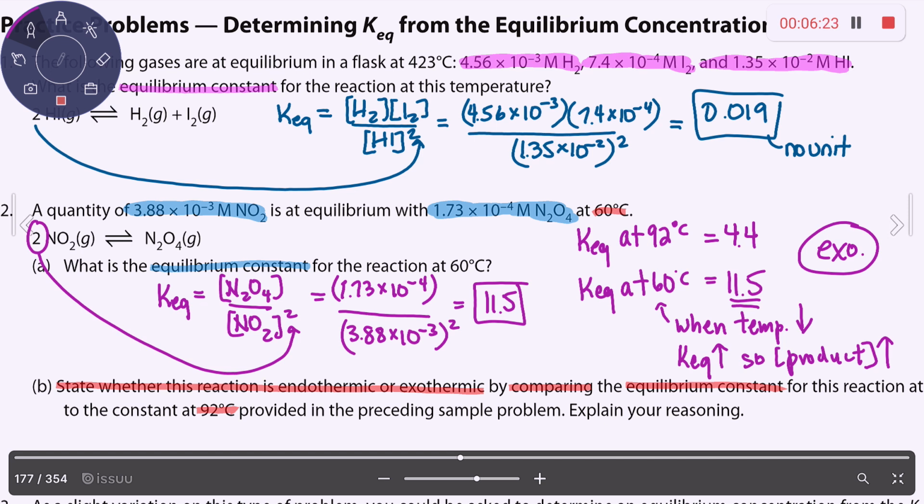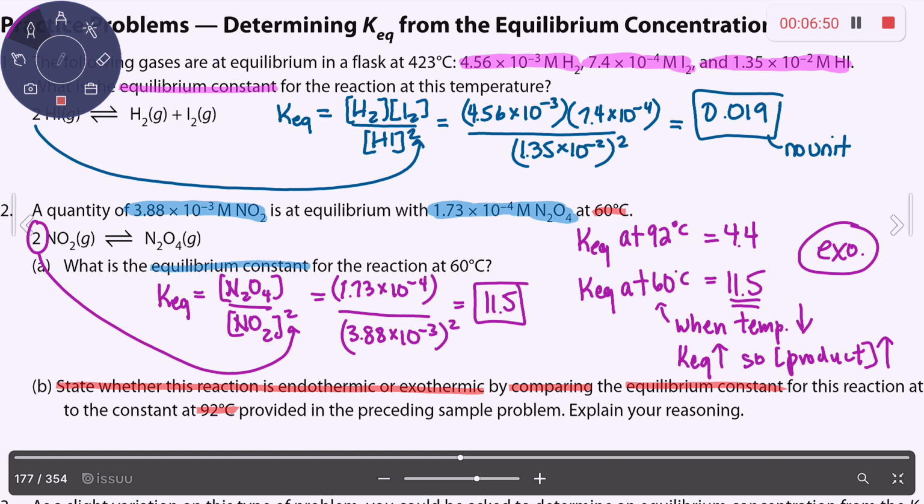Okay, now you could be asked to solve for an unknown concentration. Do you need me to do one of those examples? It's just where they give you the KEQ value, but you're solving for one of these values. Do you need me to do that, or can you rearrange these equations on your own? How do we know what's on the numerator and what's on the denominator? The numerator is the product concentrations. Denominator is the reactant.